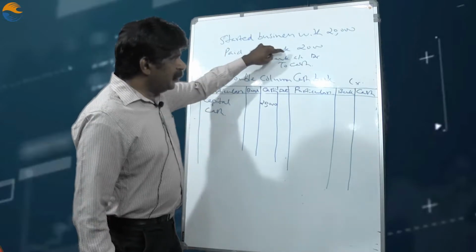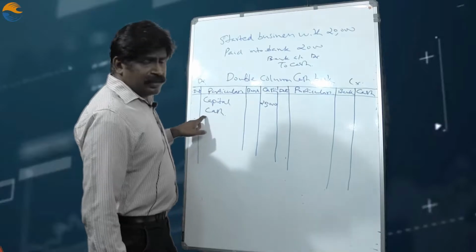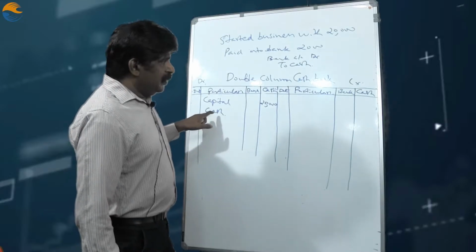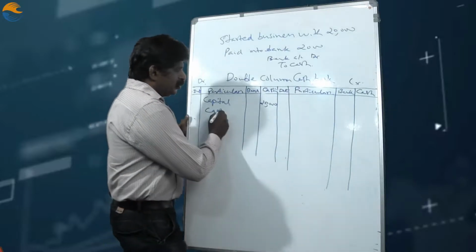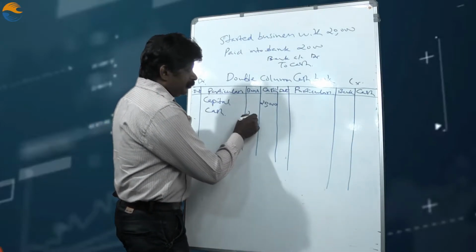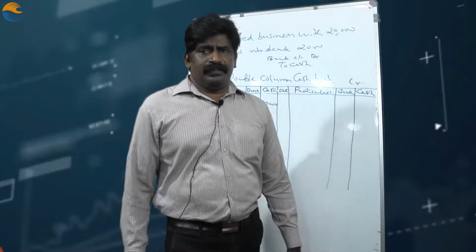Since it is in the bank account, we have to write it as to cash. So we write cash here. Since it is to be recorded in the bank account, the amount should be shown in the bank column. The amount should be shown in the bank column.